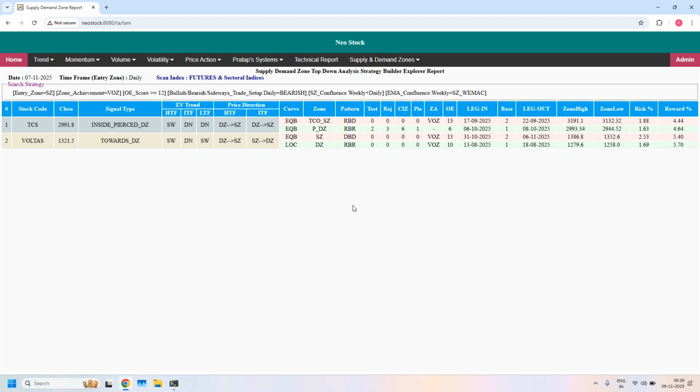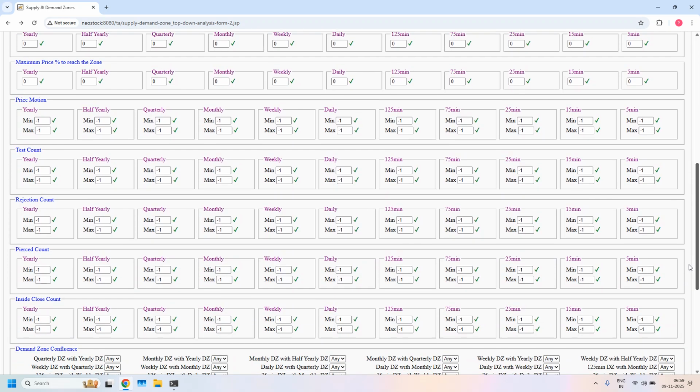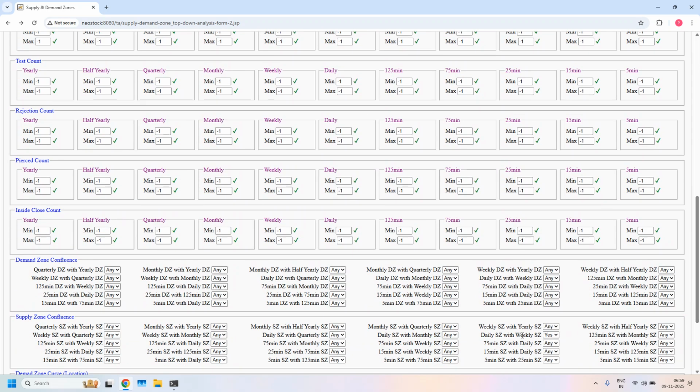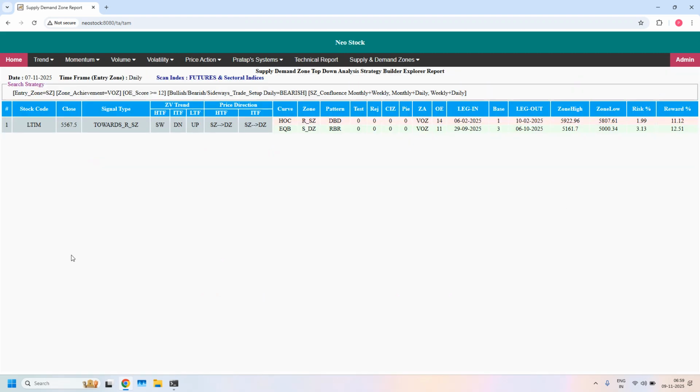Okay, next I am applying the second strategy, removing ITF EMA filter. In the supply zone confluence, 3 filters I have to enable: daily and weekly, daily and monthly, weekly and monthly supply zone confluence. With all the 3 filters, we got only 1 stock.